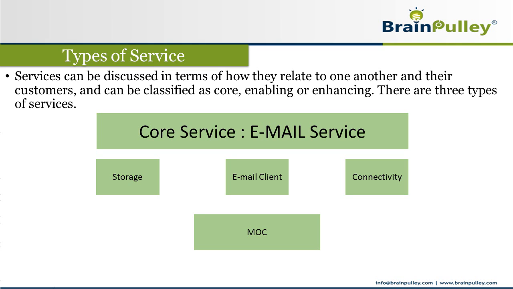They are basic factors which enable the customer to receive the real service, which here is the core service. In this example, storage, email client, and connectivity will become factors which will make your email service available. Storage, email client, and connectivity contribute together to form your email services, and hence they are known as enabling services. In layman's terms, enabling services can be described as services which help you deliver the core service.